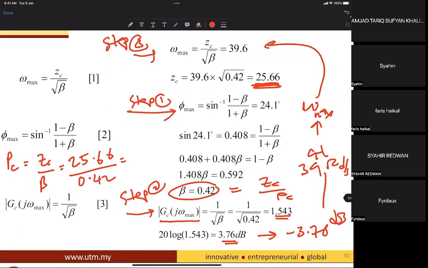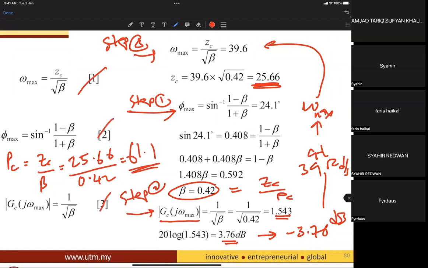So what is PC? Faris Haikal? PC is 61.1. Okay, by using these 3 formulas.